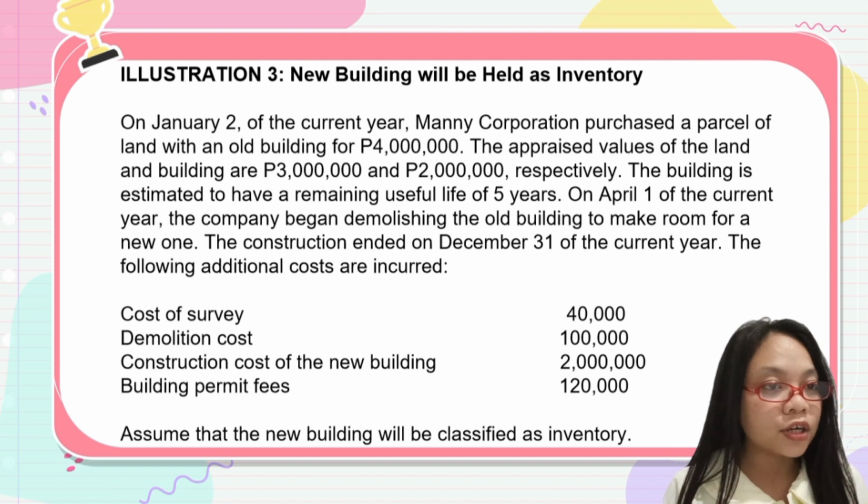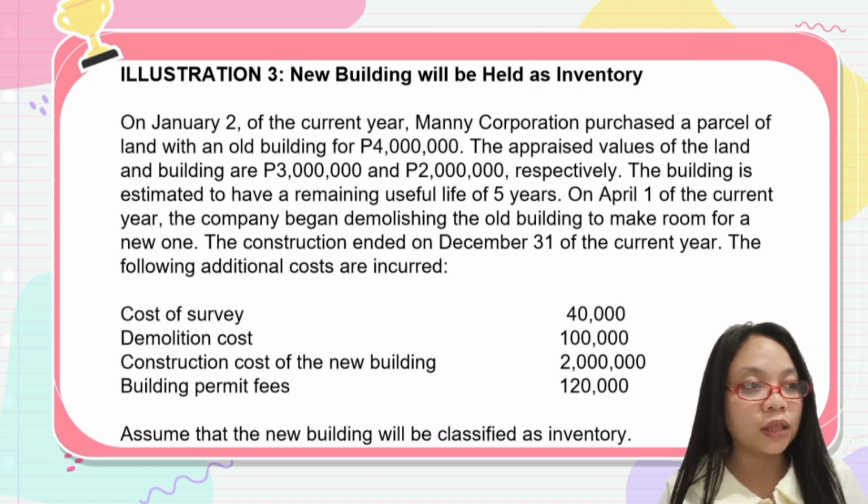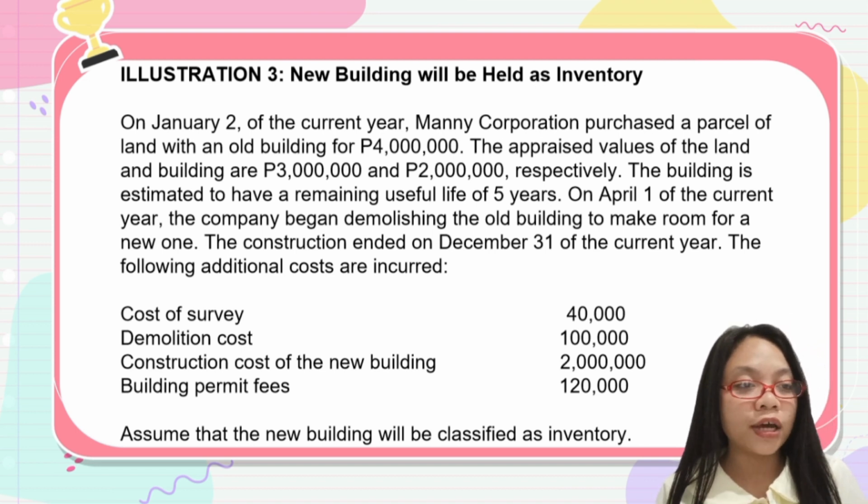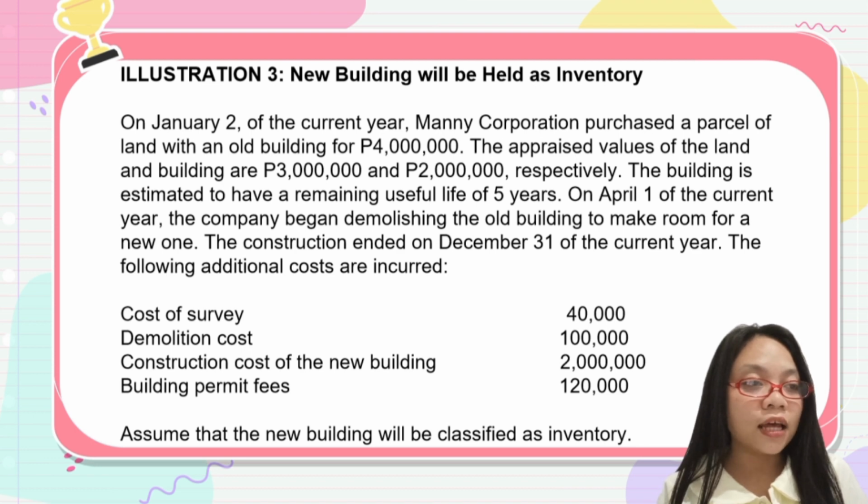On April 1 of the current year, the company began demolishing the old building to make room for a new one. The construction ended on December 31 of the current year. The following additional costs are incurred. The cost of survey, 40,000, demolition cost, 100,000, construction cost of the new building, 2 million, building permit fees, 120,000.